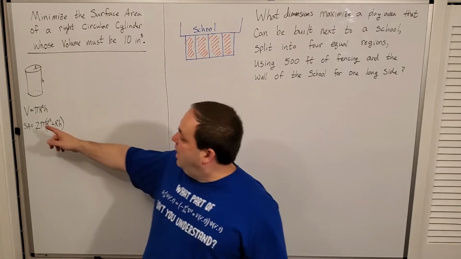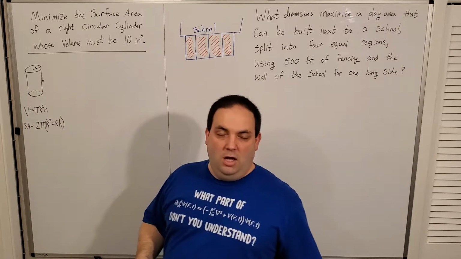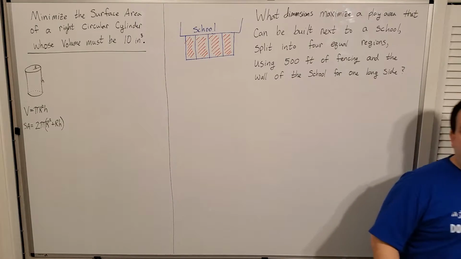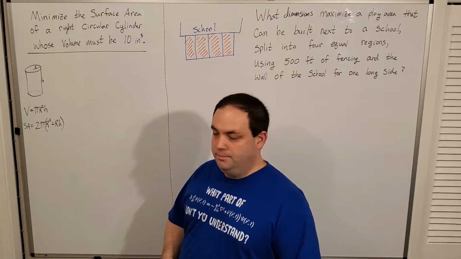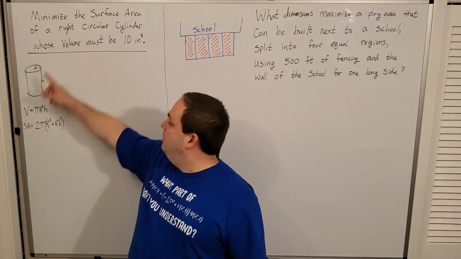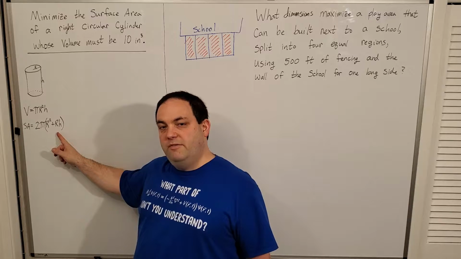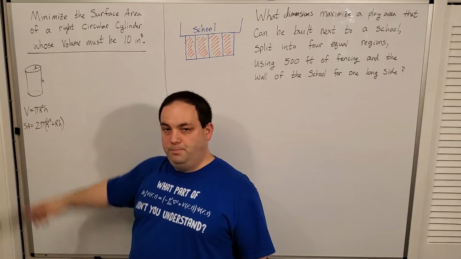Okay, so I've got my volume of a cylinder and I have my surface area of a cylinder. Which one is going to be the constraint equation and which one is the optimized function? Well, we already said we're minimizing surface area, so this is the one I'm going to be turning into my function. And I have an actual number in for volume.